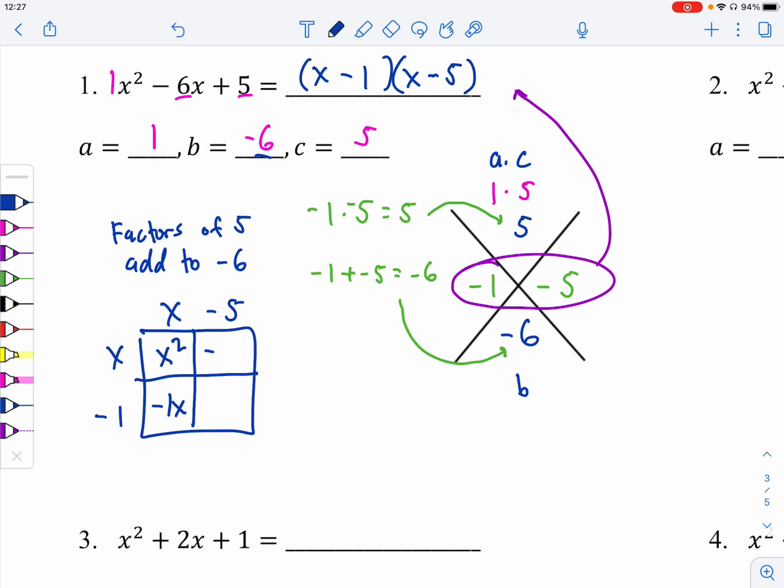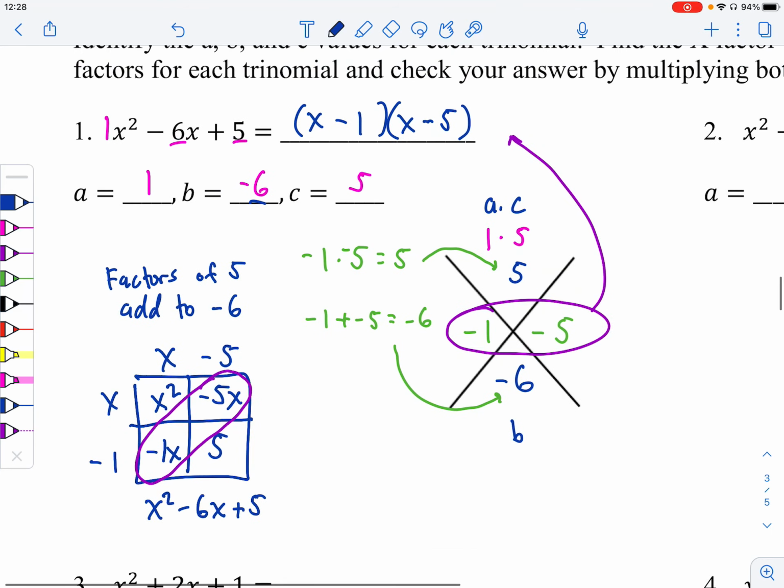X times negative 5 is negative 5x. And then negative 1 times negative 5, positive 5. Our middle terms always combine, so we just have x squared minus 6x and then positive 5. And that's our solution, so we are correct. Our factors are x minus 1 and x minus 5.